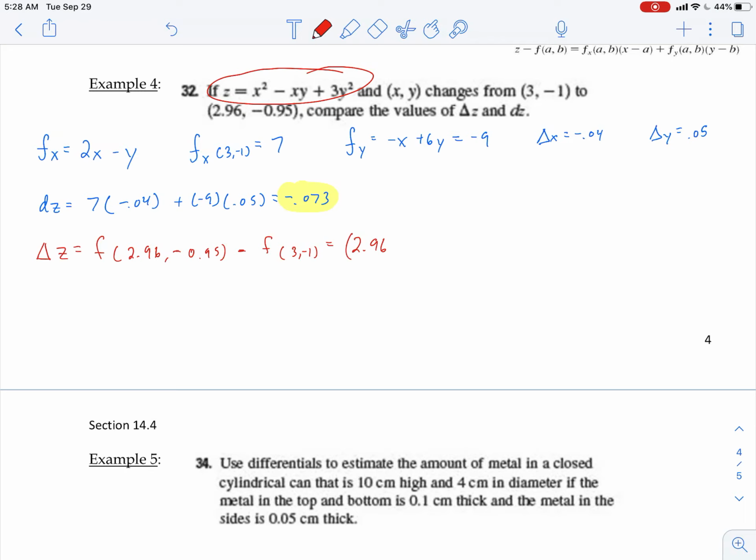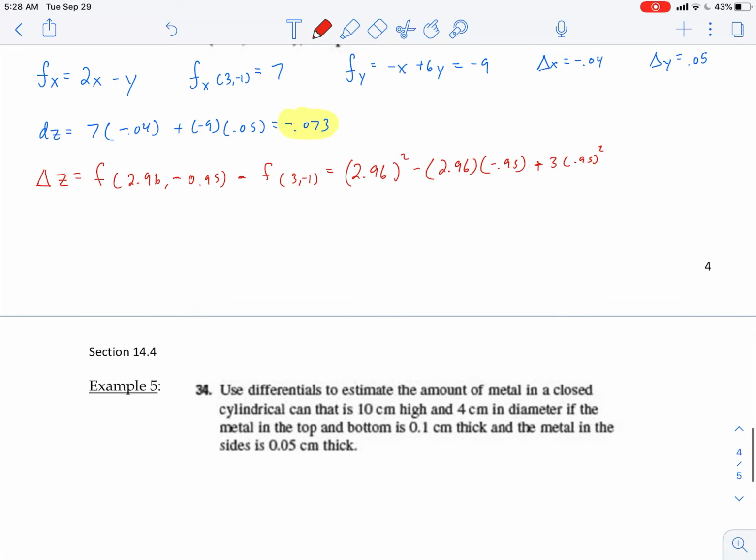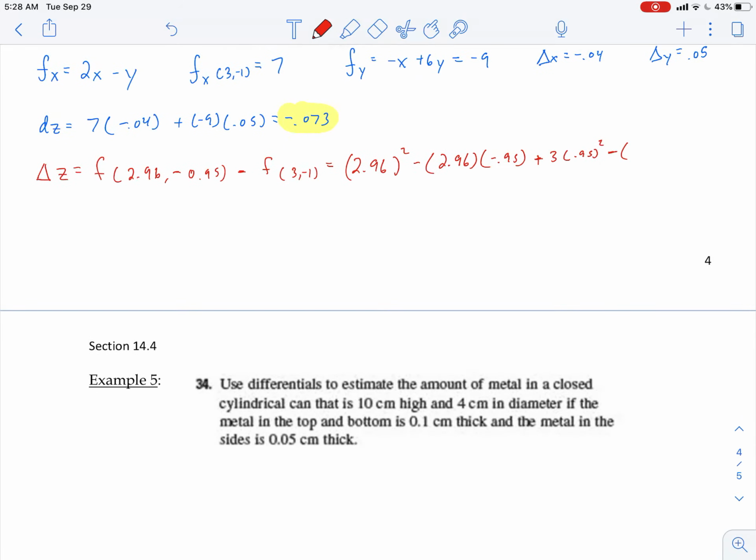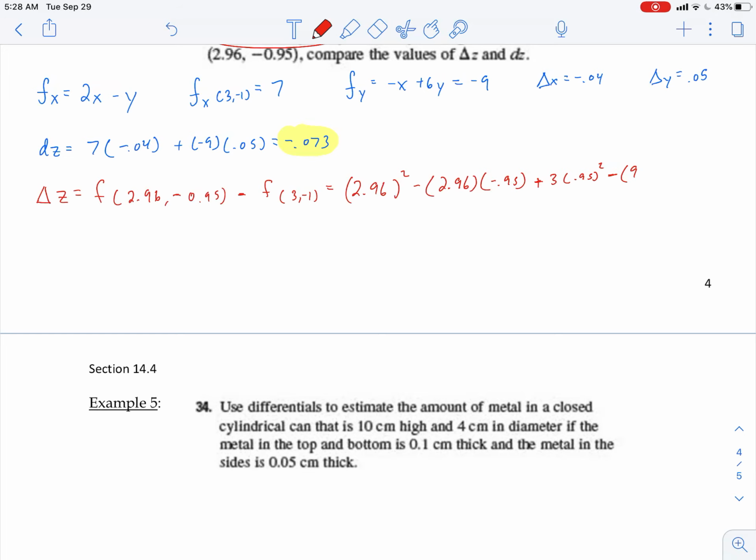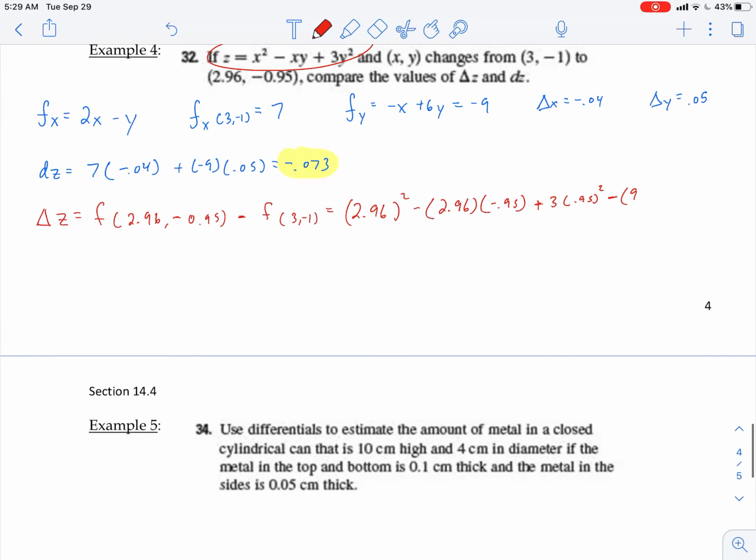And so when we do that, we're going to get 2.96 squared minus 2.96 times -0.95, plus 3 times 0.95 squared, and then minus all that. 3 squared is 9, -1 times 3 is -3, so plus 3.